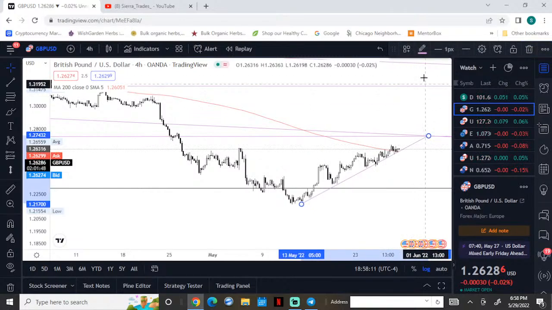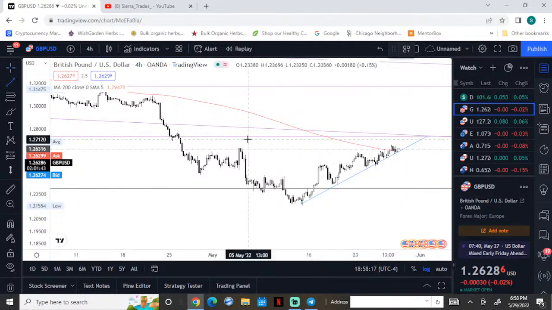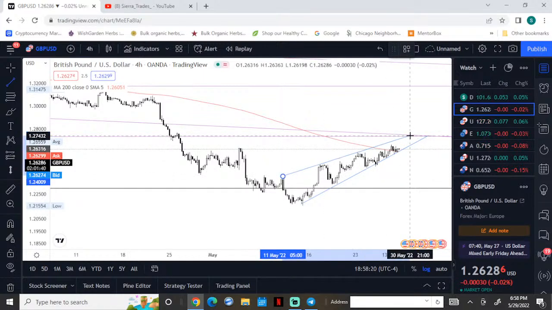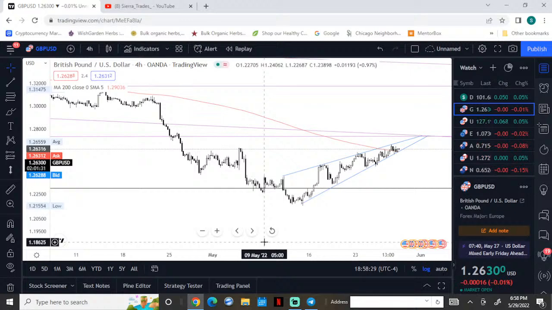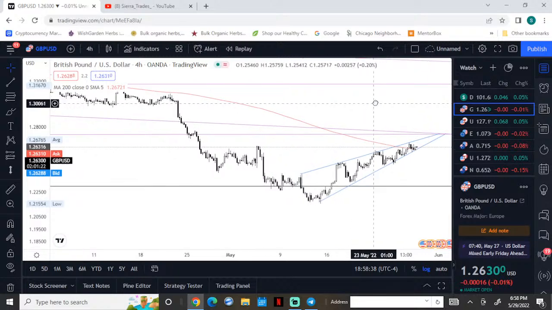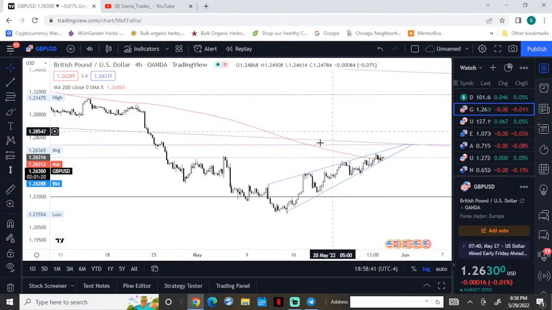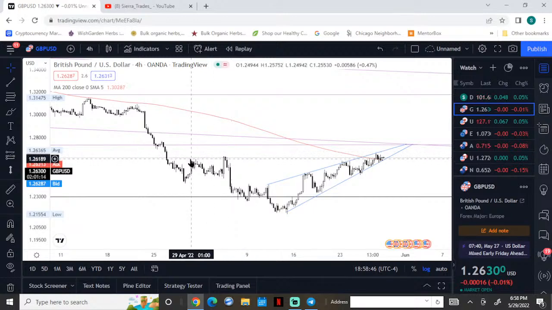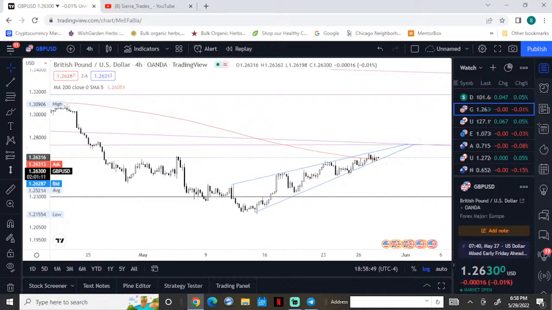Gonna change my color for my 4-hour. It is blue. Definitely got a channel right here. I'm gonna bring that in. There we go. Oh, a nice ascending wedge right there. Get a breakout and continue to the upside, which, like I said, is still lining up with the daily analysis. I'm going to mark this 4-hour right here, so it's definitely look like we're at a zone.